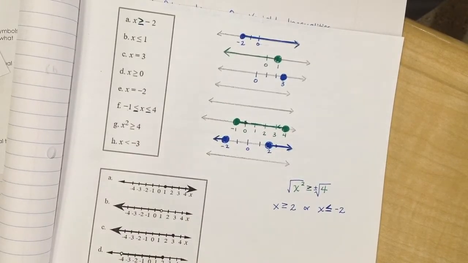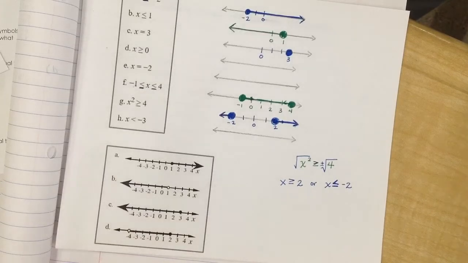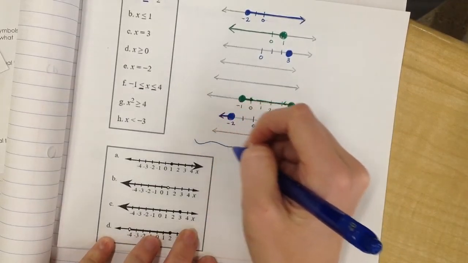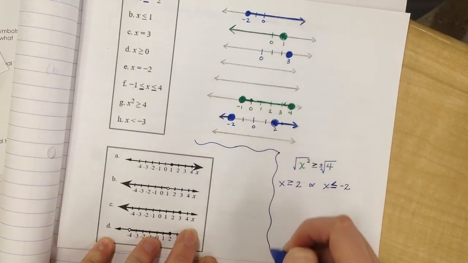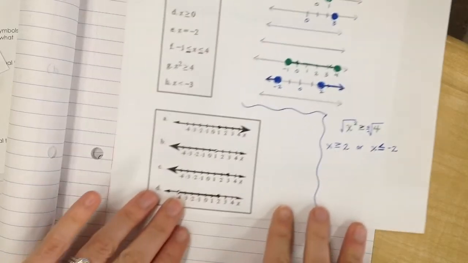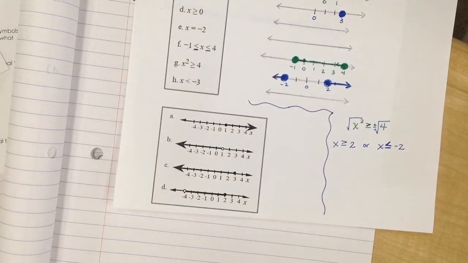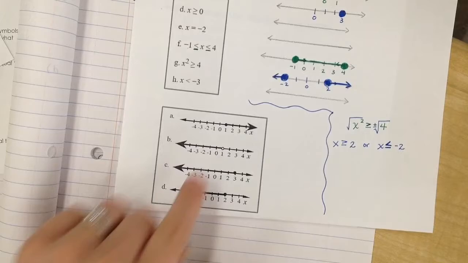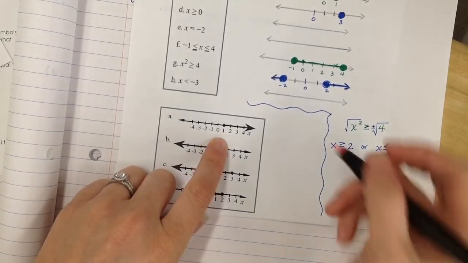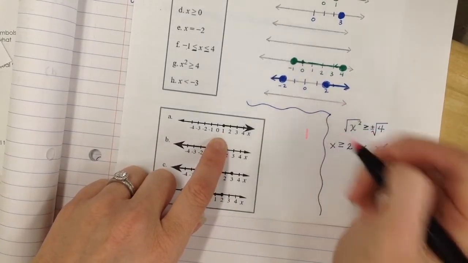After you finish that problem, you started working on creating the inequality that went along with the graph that you were given. Well, what do we do here? We have to figure out what coordinate, what is the locator point of this inequality. In this case, it's the number 1.